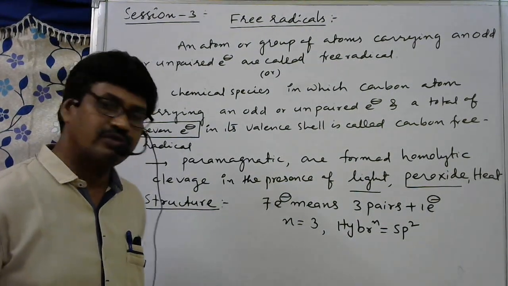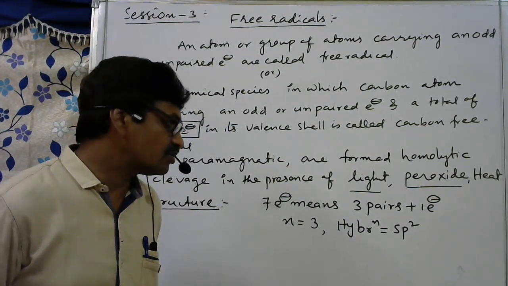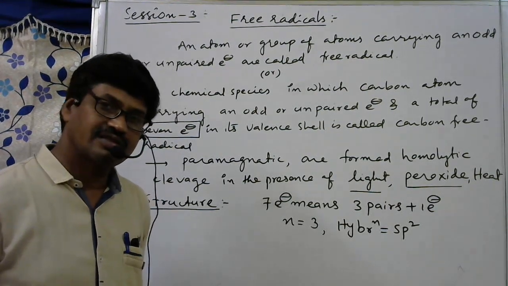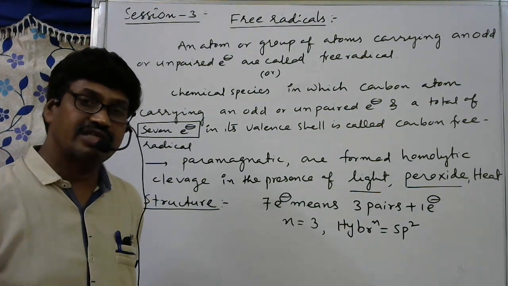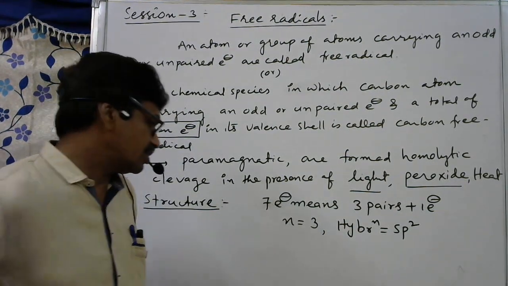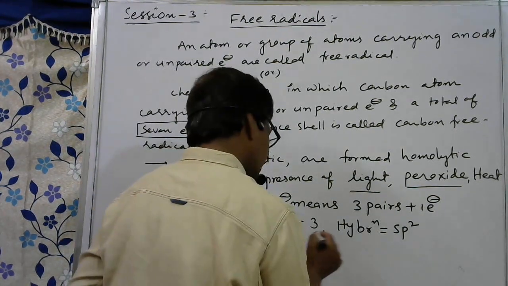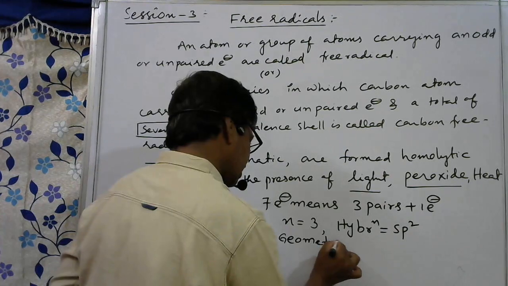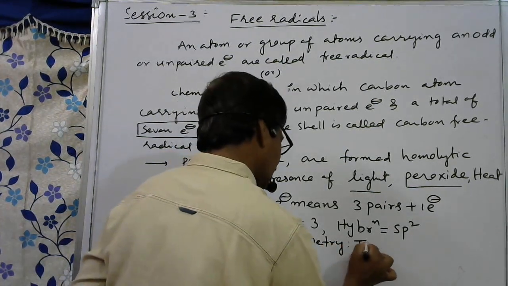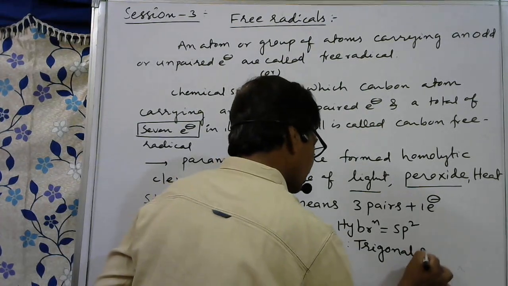If n equals 4, hybridization is sp3, then the shape becomes tetrahedral with 109 degrees 28 minutes bond angle. Here we got n value 3, so hybridization is sp2. So what geometry can we expect from this? Geometry is trigonal planar shape.